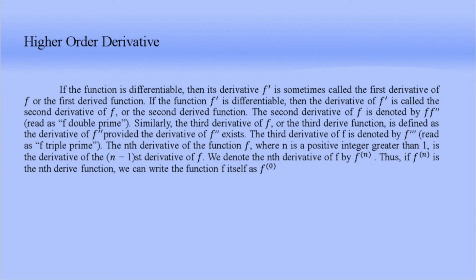If the function is differentiable, then the derivative of f is called the second derivative of f, or the second derived function. And the second derivative of f is denoted by f double prime.